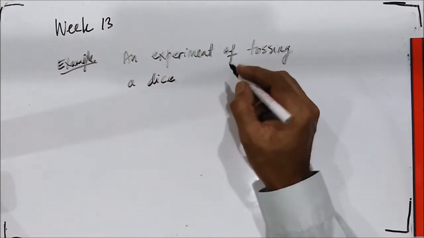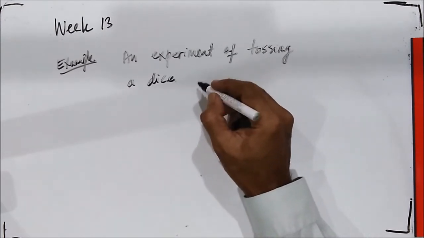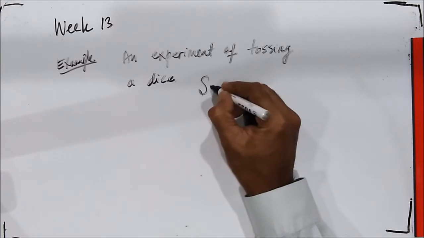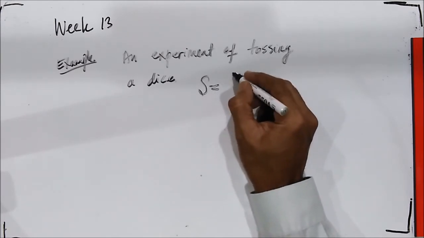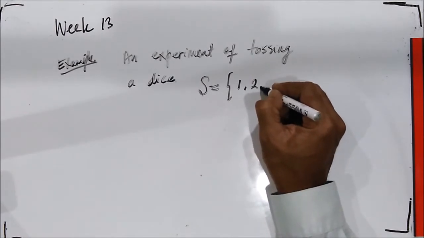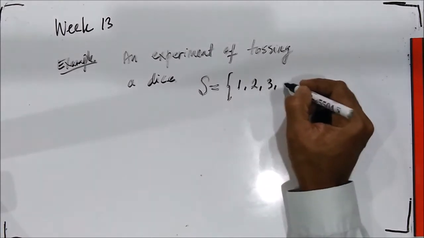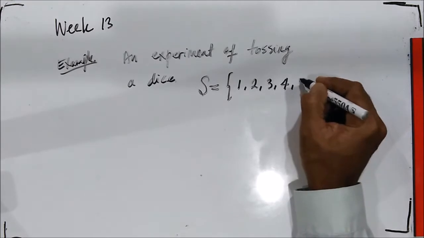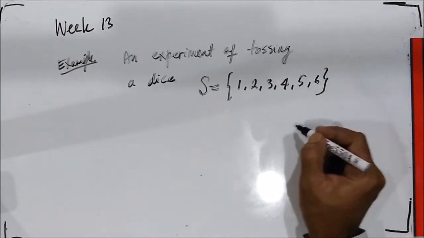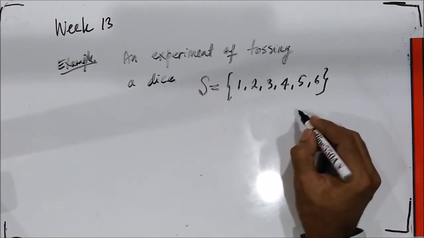When you toss a dice, there are possible outcomes, so I put here the sample space. The possible outcomes of tossing a dice are number 1, 2, 3, 4, 5, and 6, because a dice has 6 numbers.